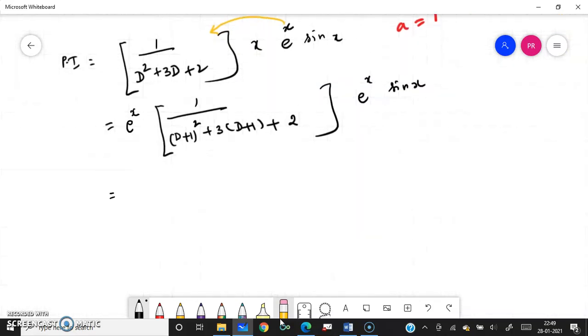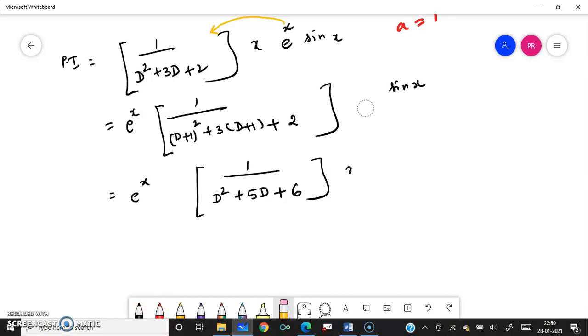So this will become e power x into 1 upon, if you simplify, d square plus 5d plus 6 into x sin x. I have to write x here, since e power x we have already taken out.